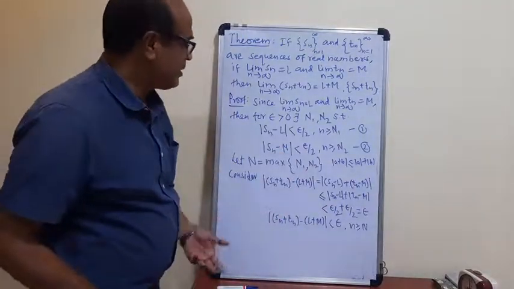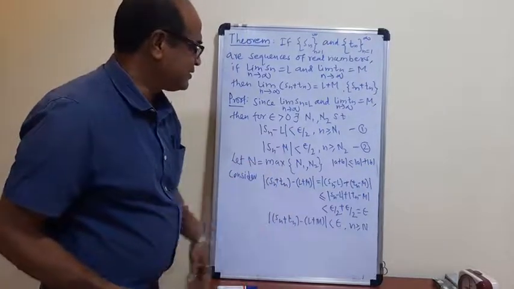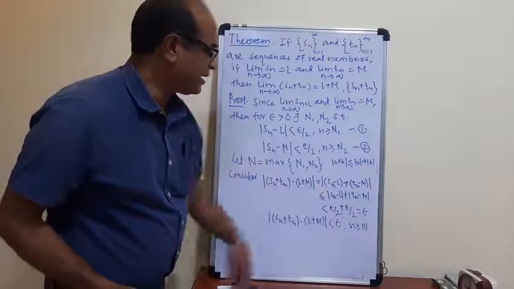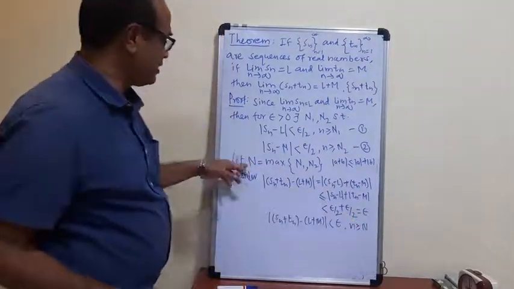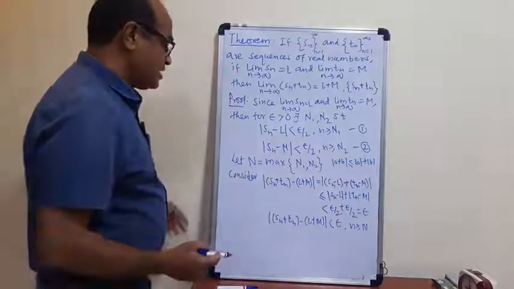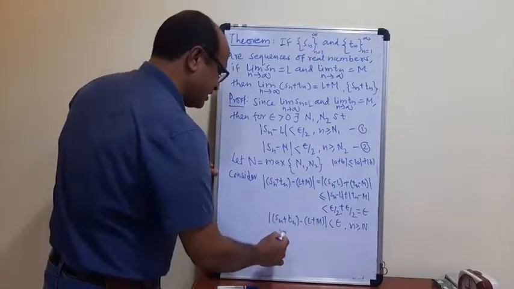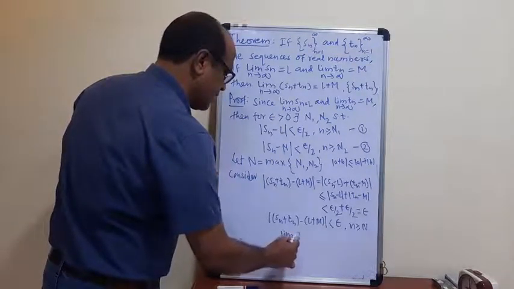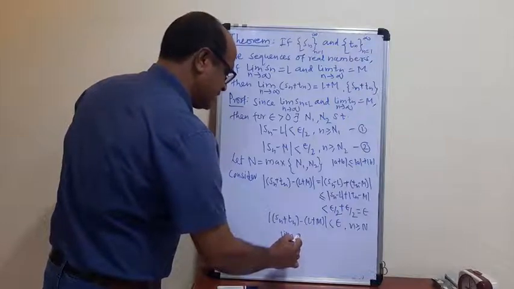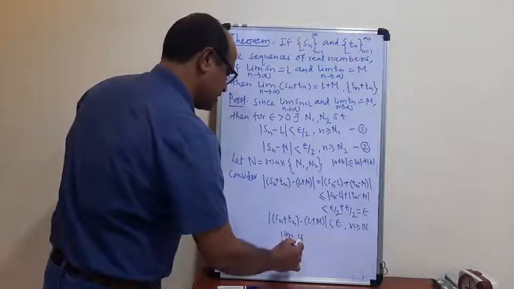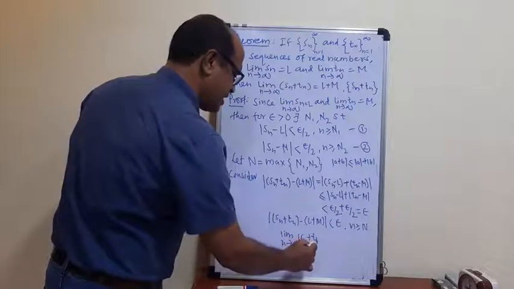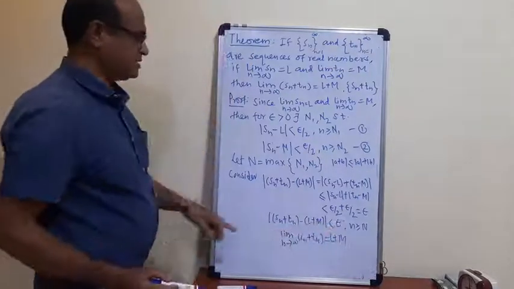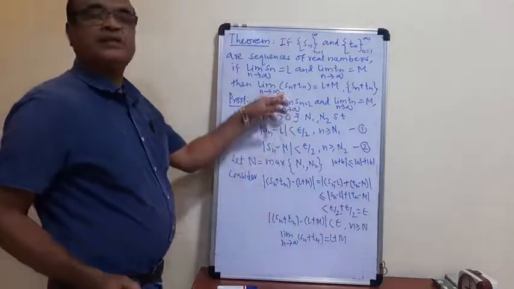So we take n1 for that and n2 for that, then we take N because N is the maximum of n1 and n2. So we write the limit as n tends to infinity of Sn plus Tn is equal to, by definition, L plus m. So hence we prove this.